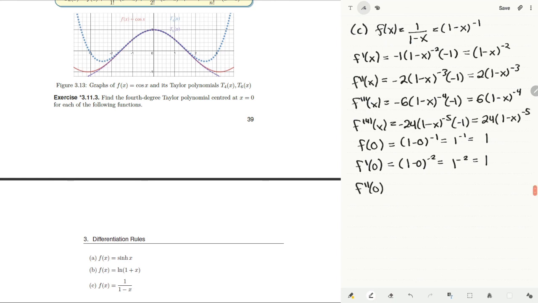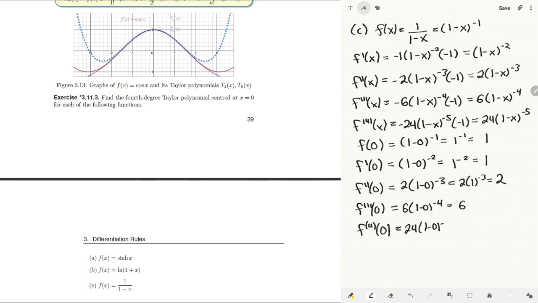F double prime of 0 is 2 times 1 minus 0 to the negative 3, which is 2. The third derivative at 0 is 6 times 1 minus 0 to the negative 4, which will simplify to 6. And the fourth derivative, evaluated at 0, is 24 times 1 minus 0 to the negative 5, which will simplify to 24.